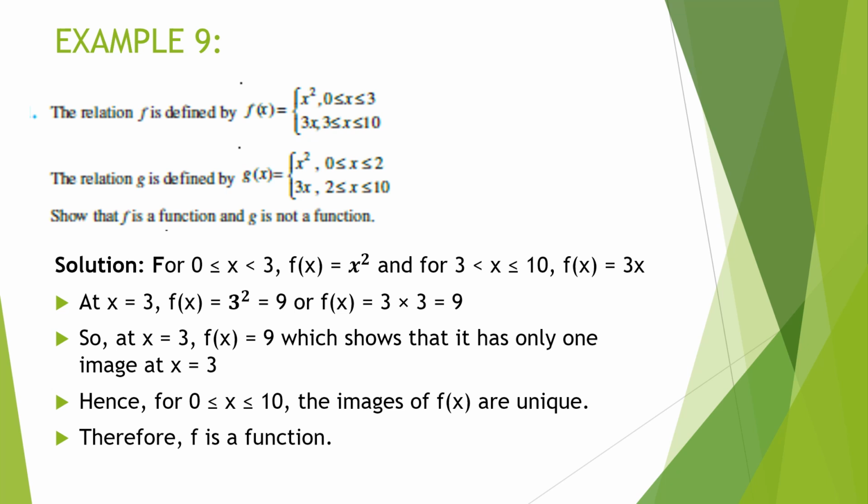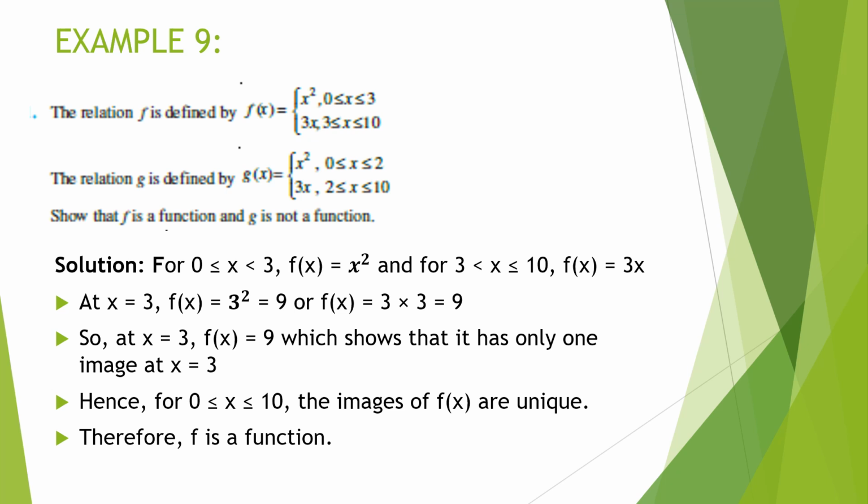For the first one, 0 less than or equal to x less than 3 and f(x) is given by x square. So now at x equal to 3, for 0 less than or equal to x less than or equal to 3 it is x square. So at x equal to 3, f(x) will be 3 square or 9.